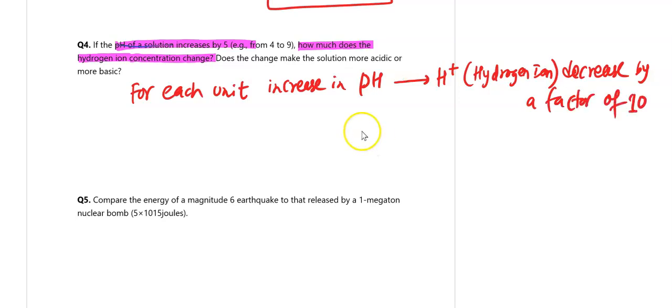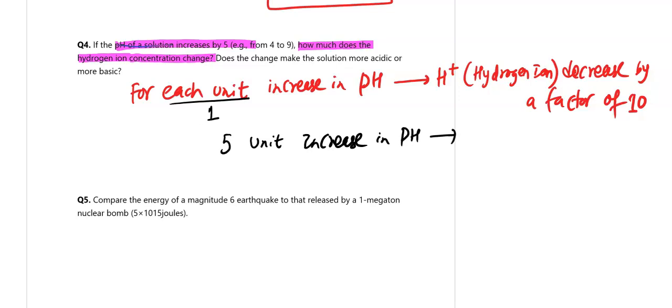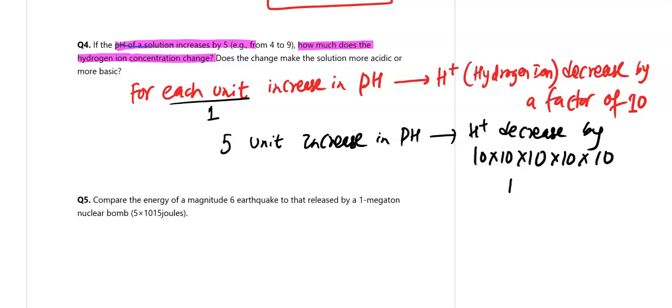So if we increase the pH by 5 units, each unit is 1 unit, okay? If you increase by 5 units, a 5 increase in pH, the hydrogen ion decreases by 10 times, 10 times, 10 times, 10 times, 10, which is going to be 100,000.